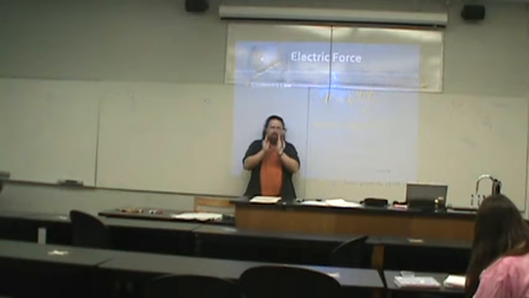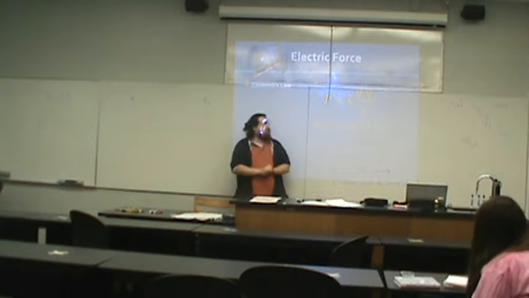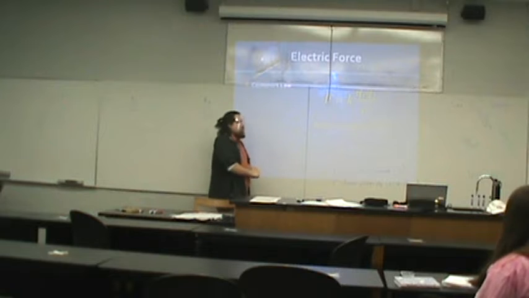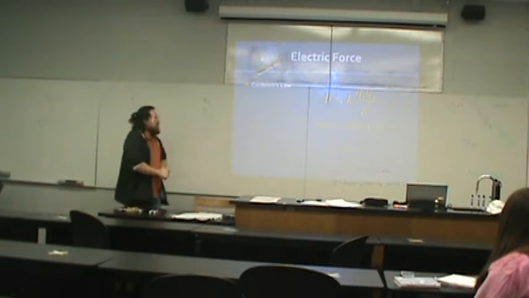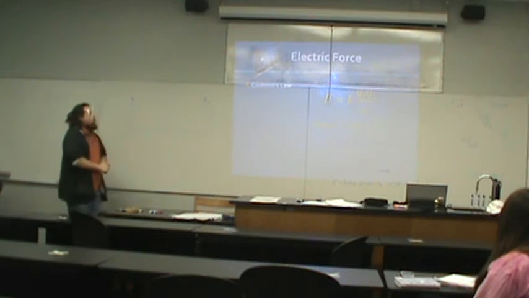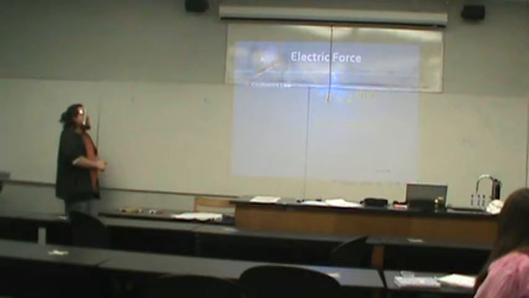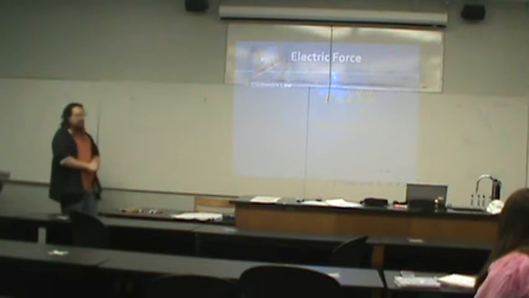Cool? Okay. And all these things combine to tell us what the force between the two objects in question should be. And like I said, this causes all of the rest of electricity to happen.